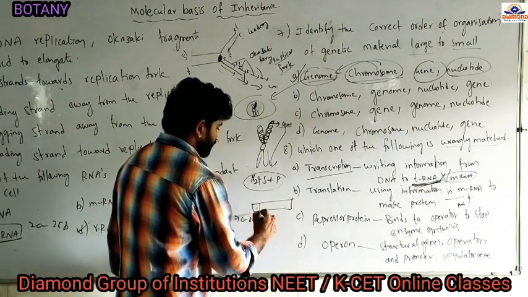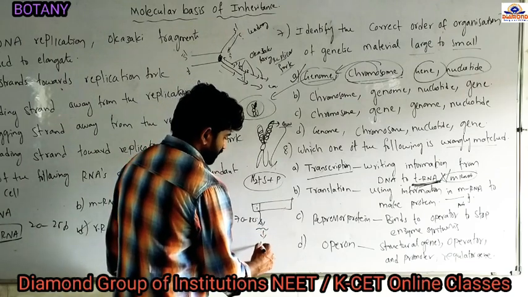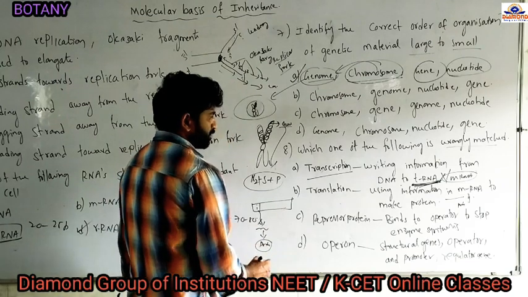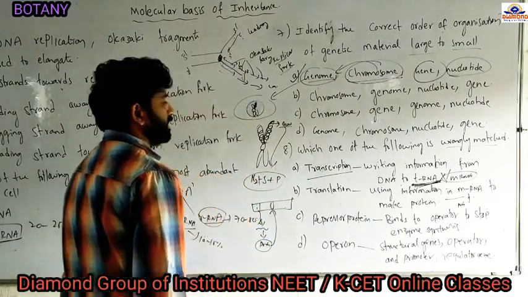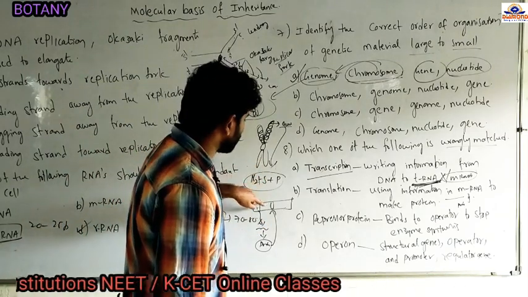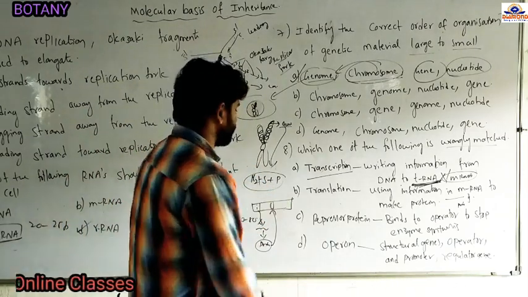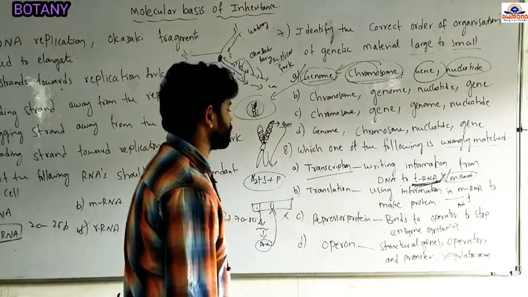Here the regulator gene synthesizes the regulator mRNA. That regulator mRNA produces a repressor protein, which binds to the operator gene. Transcription of the mRNA from the promoter into the structural genes will not take place. Enzyme synthesis will stop. So option C is also correct.